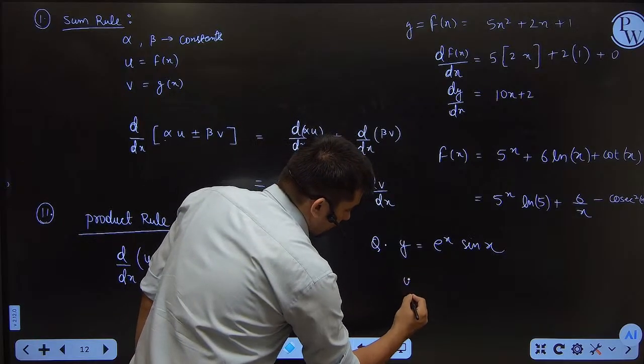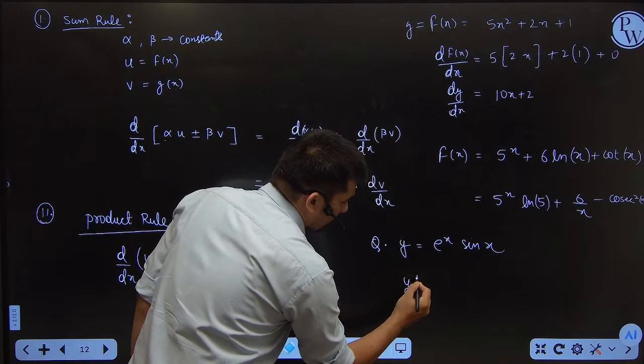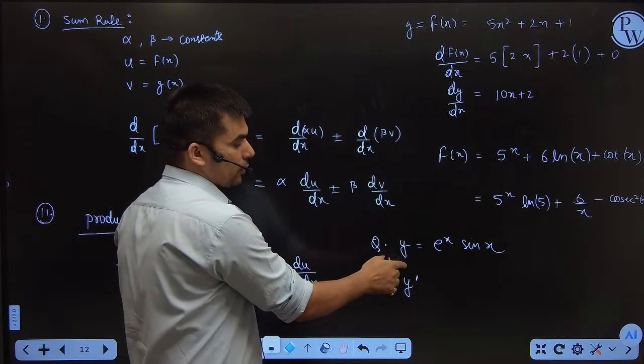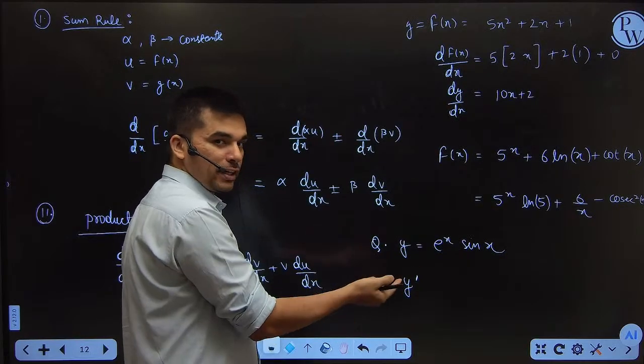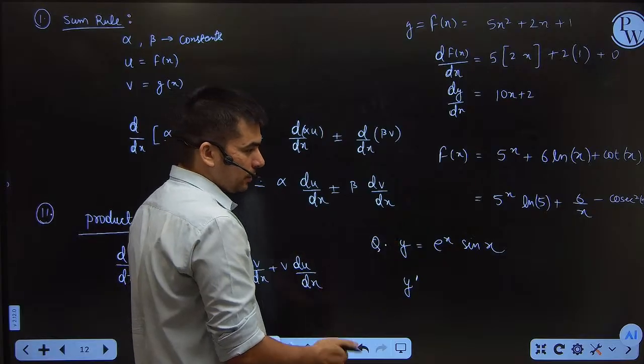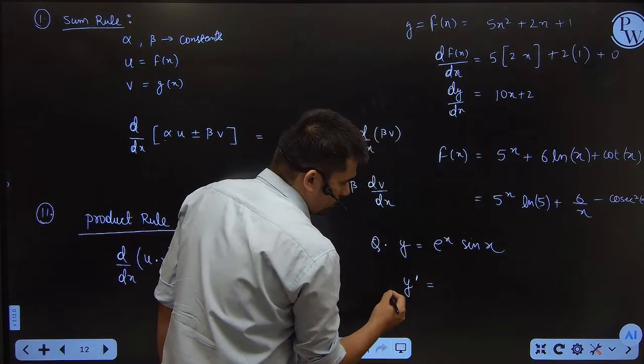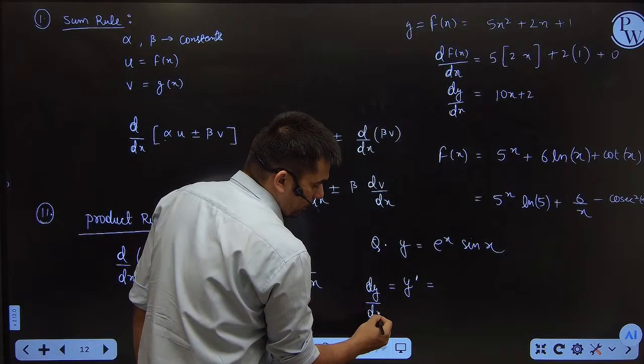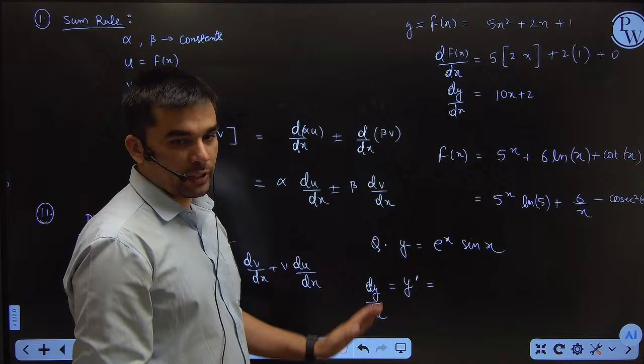So dy by dx can also be written as this notation, okay, y dash we can write it. Once if you are differentiating y dash, 2 times if you are differentiating double dash, okay. So y dash will be equal to, this is nothing but dy by dx only. These are different notations that can be used, okay. Dy by dx can also be written as y dash.